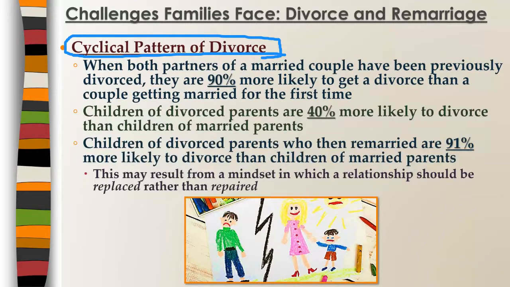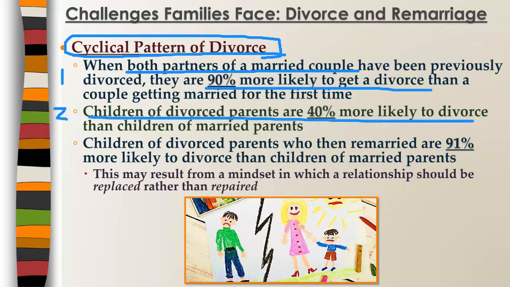Number one, when both partners of a married couple have previously been divorced, they're 90% more likely to get a divorce than a couple getting married for the first time. Children of divorced parents, number two, are 40% more likely to divorce in their own relationships than children of married parents.